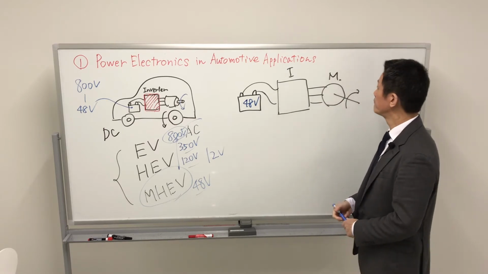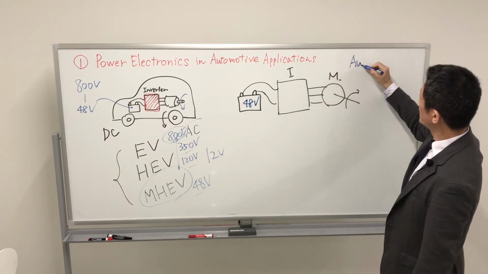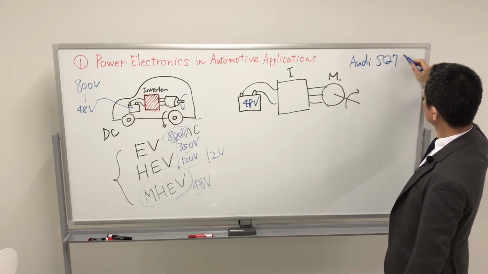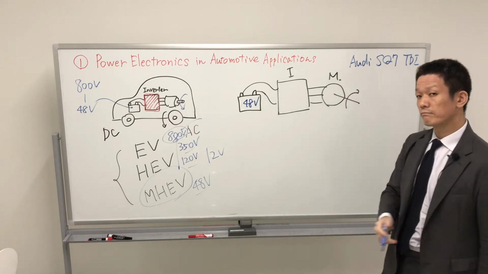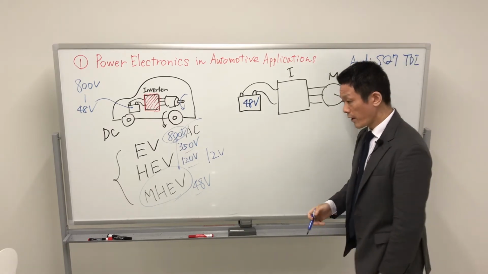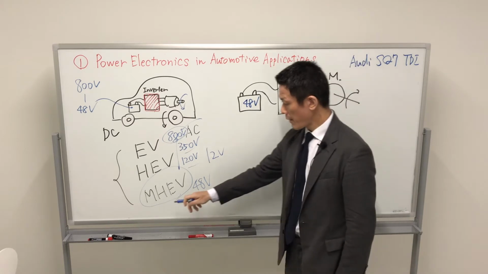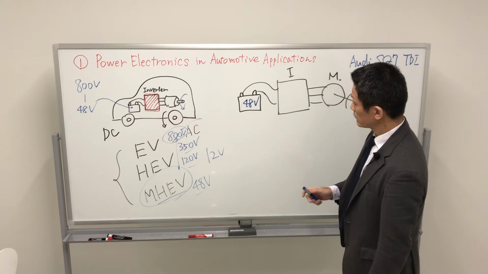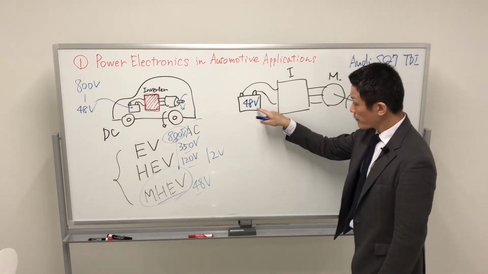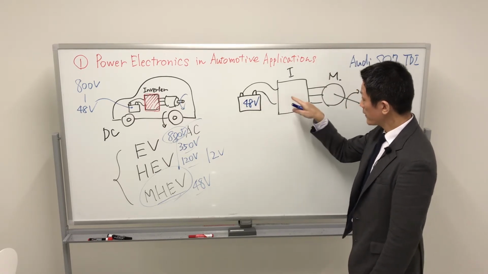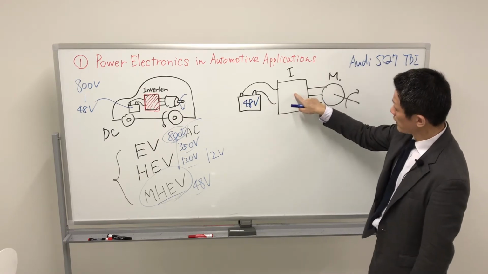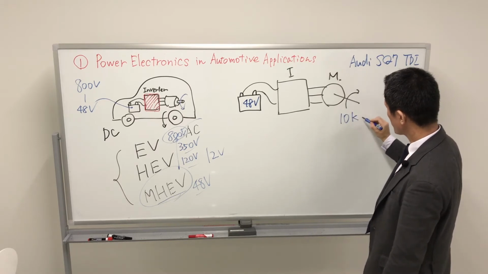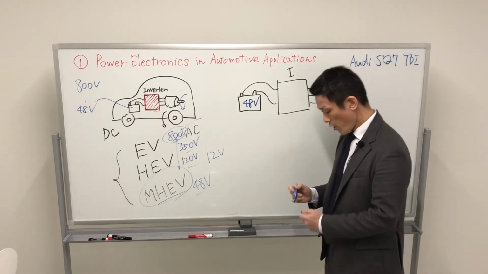For example, the Audi SQ7 TDI. This model is the world's first mild hybrid electric vehicle. The 48 volt lithium battery based, with inverter and motor. Motor output power is around 10 kilowatt.